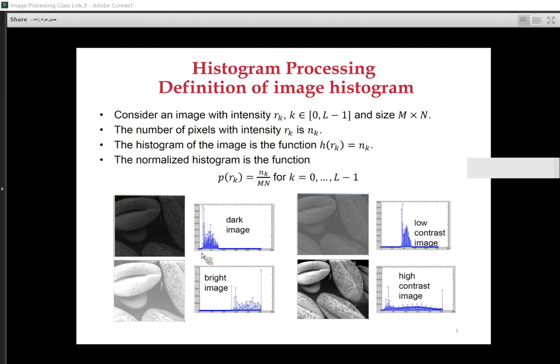This is 0, for example, this is 255. This area is for dark intensities or lower intensities, dark areas, and this area, the gray level intensities, is for bright areas.